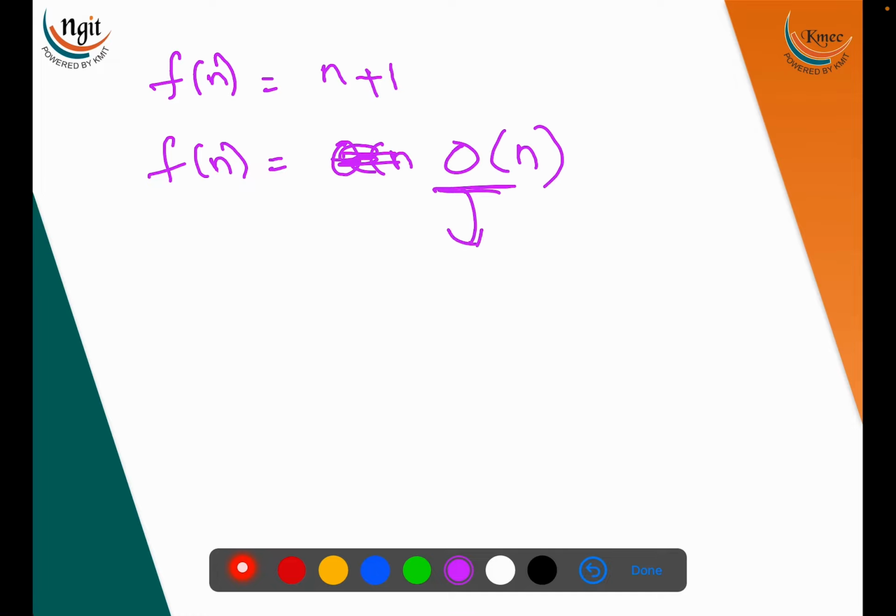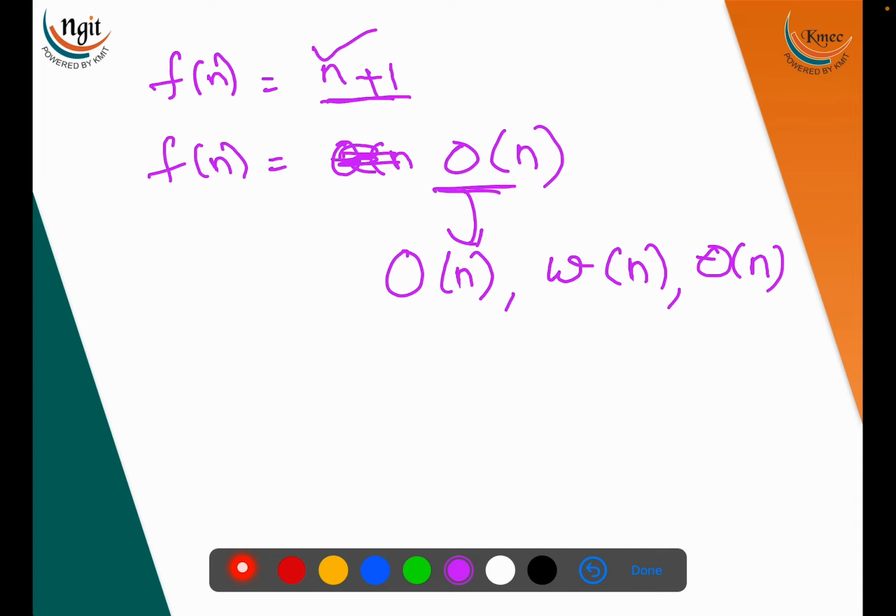This order of n can be big O of n, omega of n, or theta of n; you can write anything in the place of order of n. So how did we get order of n? N plus 1 is what the recursion calls, and the 1 is a constant, so we consider n.